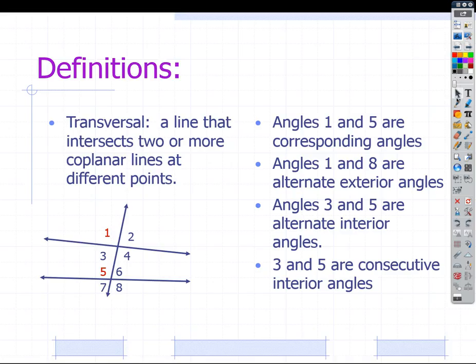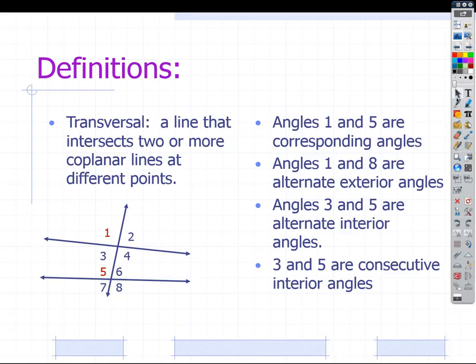We can say that angles 1 and 5 are what we call corresponding angles. What's a way to think about those as being corresponding angles? Anybody want to give us an idea or a model we could use to remember that? Any ideas? Why are 1 and 5 corresponding? Because they're in the same position in relationship to the transversal and the other line.